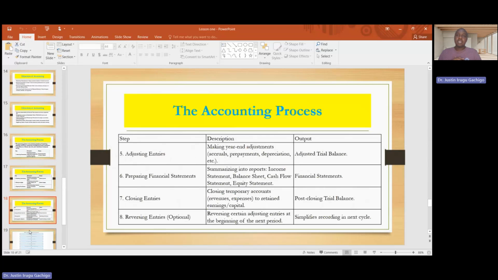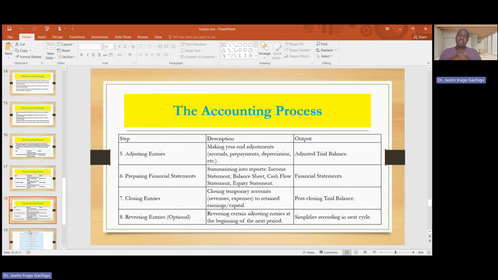Then the other is adjusting entries. These are the end of the year or end of the month adjustments. For example, accruals. Accruals are the invoices that you have not received. You know very well that you normally receive the Safaricom invoice at the end of the month.